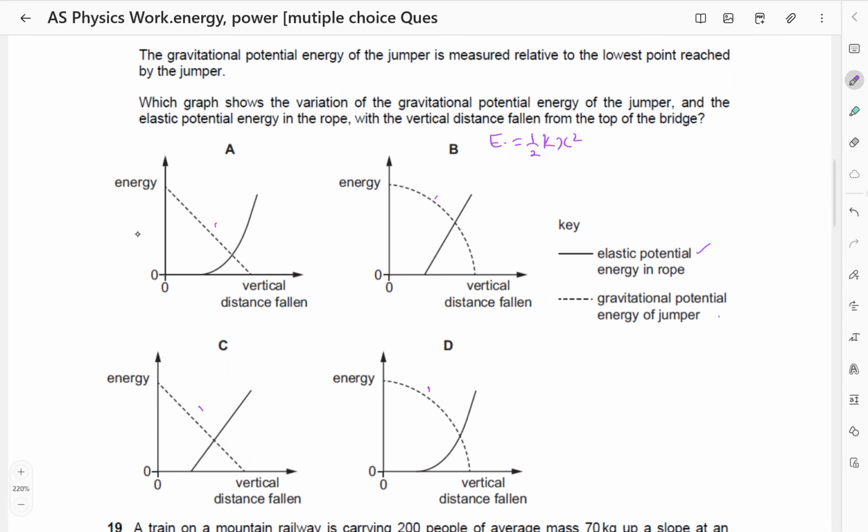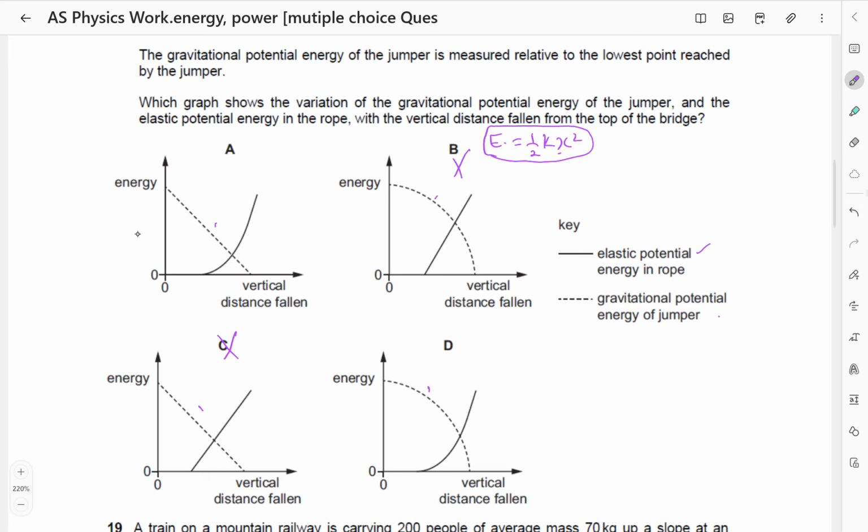So first of all, we are going to eliminate C and B. Why? When you look at the equation of the elastic potential energy, it is a half kx squared. That means this should be an increasing gradient because of the x being squared. The elastic potential energy increases more rapidly as x increases.